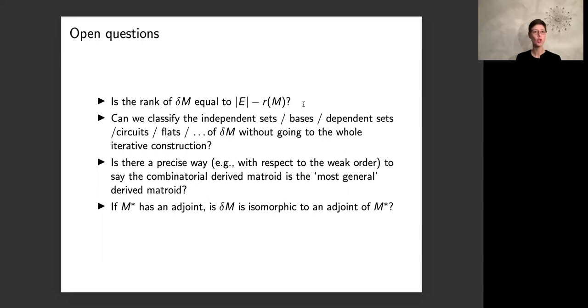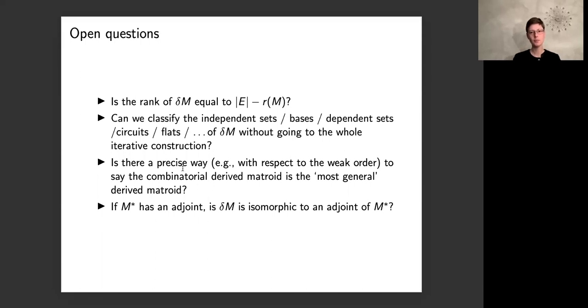And at the moment, we have no idea. We can make the dependent sets and we know that we can derive the flats from there, but how they look is completely open. If you don't know where your flats are, then it's very difficult to say something about your lattice of flats. So we believe that this is a step towards answering a lot of other, more open questions.